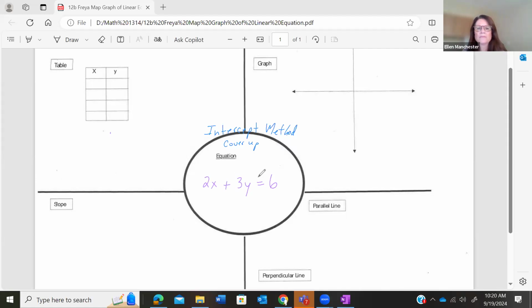Then you're going to use your cover-up method to graph it. So cover up the first one, and I'm going to write it over here. So we have our y-intercept and we have our x-intercept. And also those of you on Zoom, you can just recreate this on your paper too if you want.